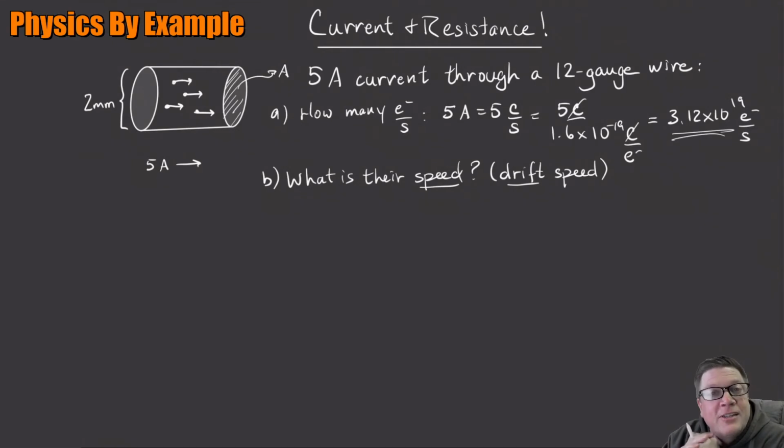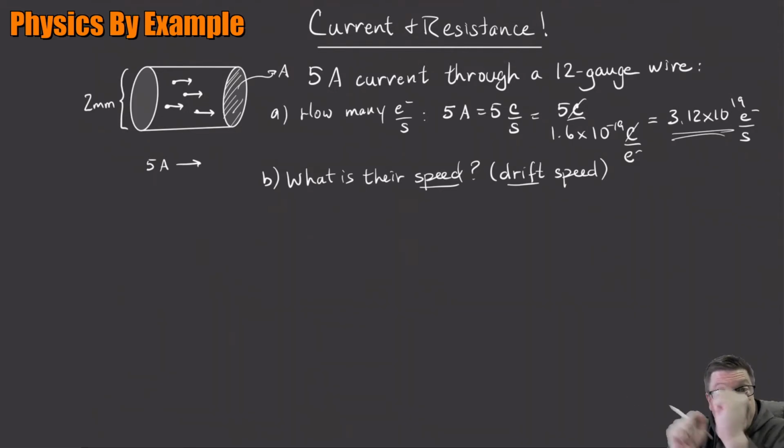So these electrons have some characteristic speed just because they're in a metal that's at some temperature. We're not computing that. We're just computing, because of the electric field that's applied inside the metal, what is their drift speed down the wire?